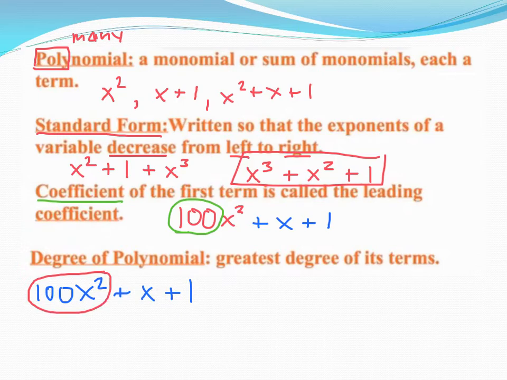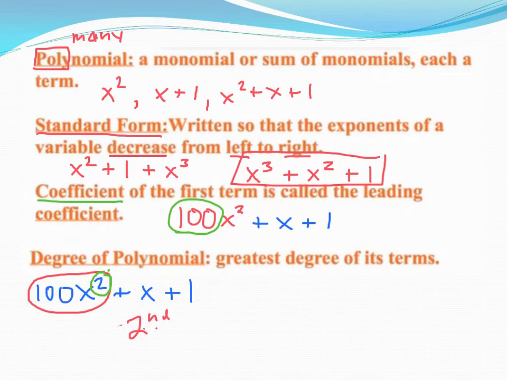And if I look at that leading term, what's the degree of this term? Well, again, when we look at degree, we're just going to look at the variable and its exponent. So I see it has an exponent of 2. That's a little sloppy. Let me erase that. This would be a degree of 2, or a second degree polynomial. It would be a degree of 2 because of that leading term.